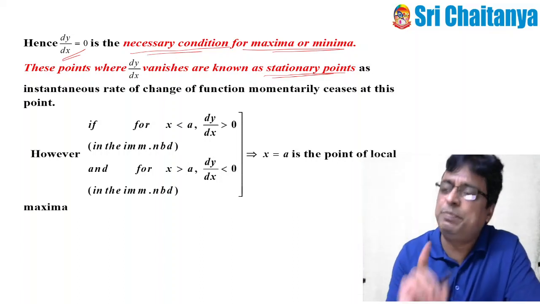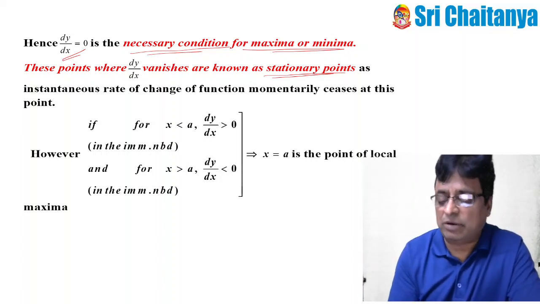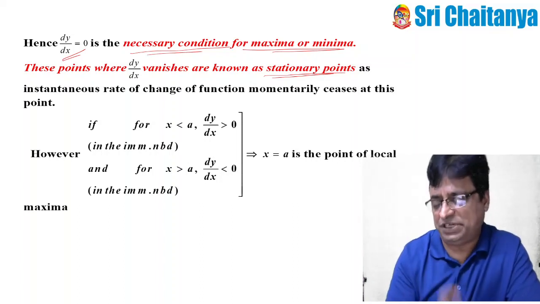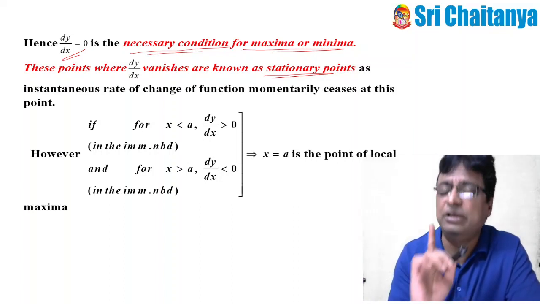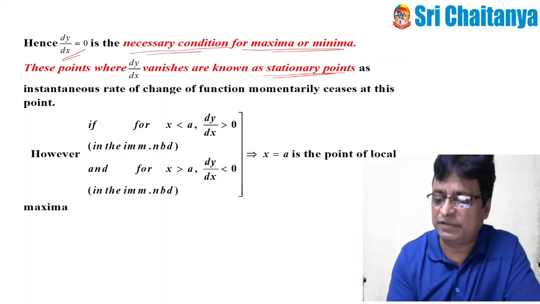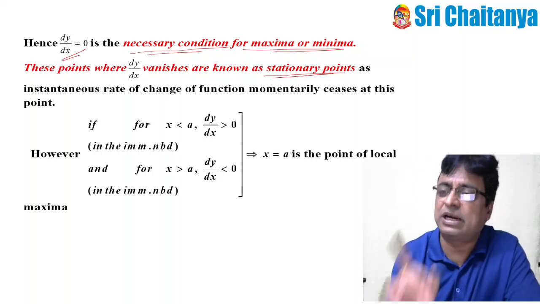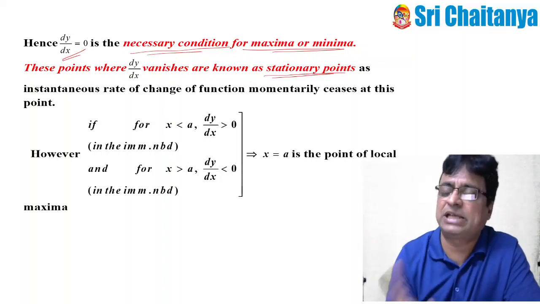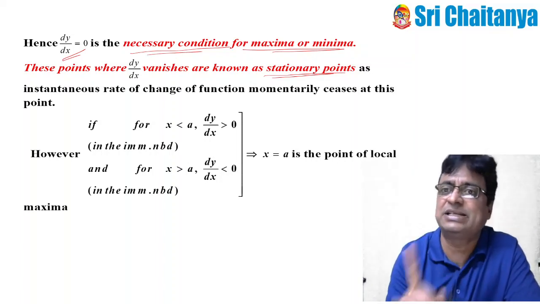They may ask which of the following conditions is the necessary condition, or which is the sufficient condition. Then you have to write that whenever the derivative of the function becomes 0, that condition indicates the maximum or minimum. This is the necessary condition.